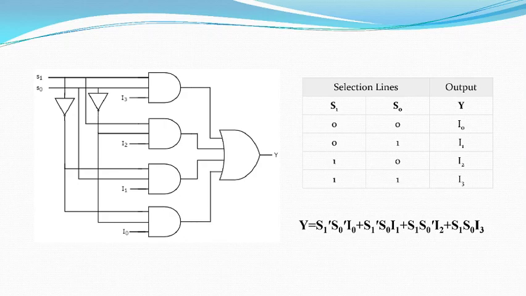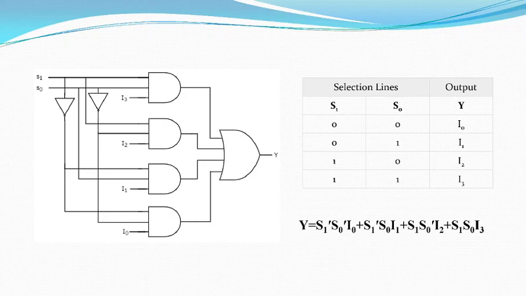When both the selection lines represent 1, 1, then the last input line will be selected, that is I3. In this case, the multiplexer will allow only I3 to pass through it and other input lines get blocked from passing through the multiplexer.